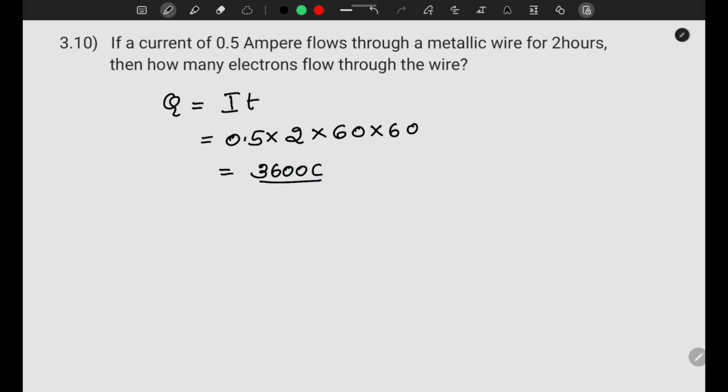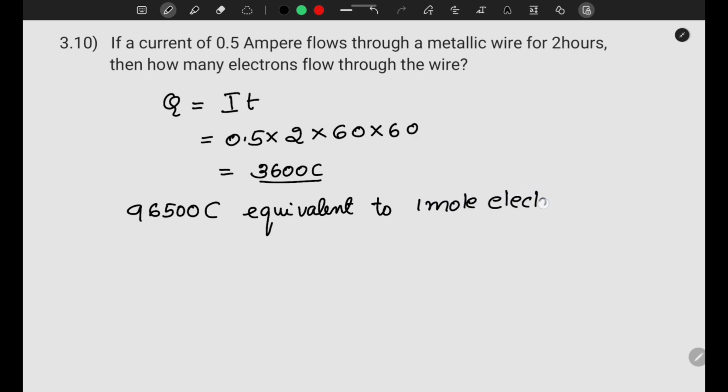Now we know the charge of 1 mole of electrons is equal to 96,500 coulomb. 96,500 coulomb is equivalent to 1 mole of electrons, that is 6.022 into 10 raised to 23.